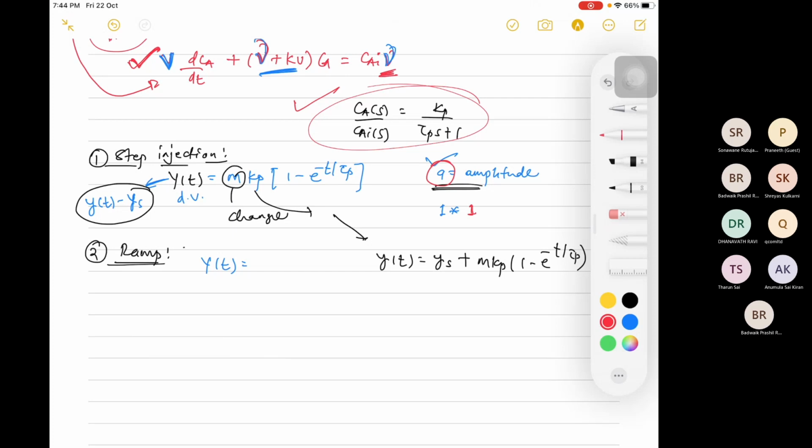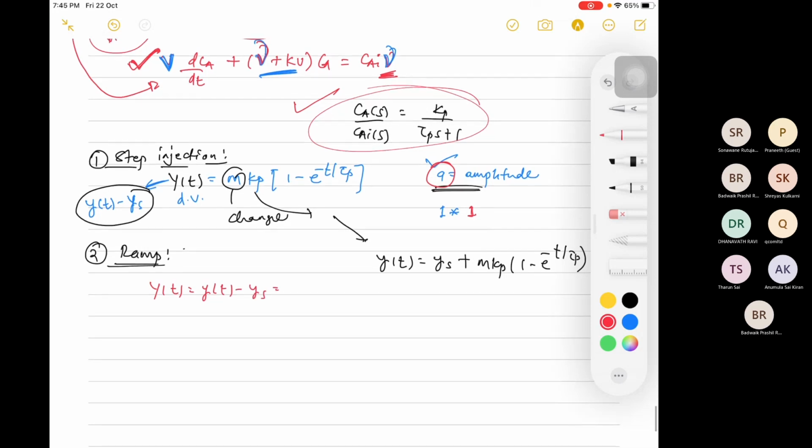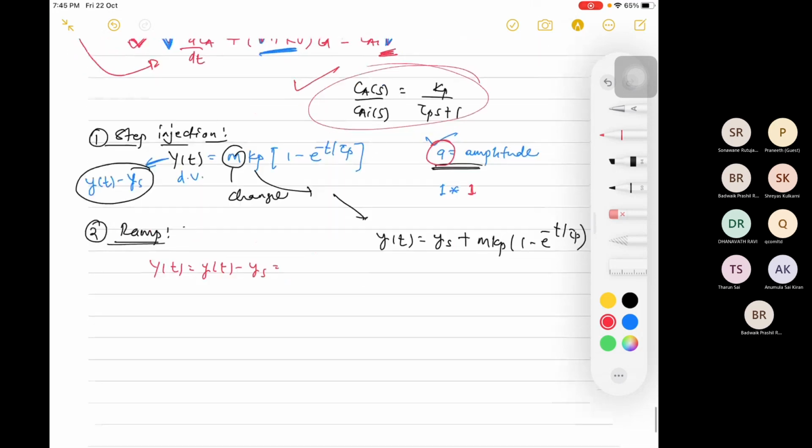Now what is y of t here? It is the ramp response. You will get capital Y of t, which is small y of t minus y s, equal to, here also the same, M Kp into t minus tau p into 1 minus e to the power minus t by tau p.